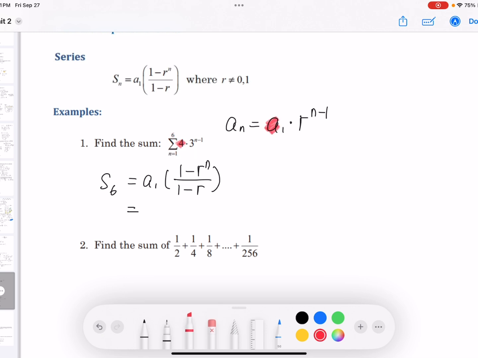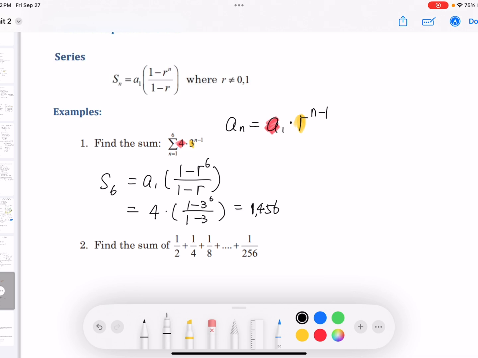And what is the r's value? It's 3. So we can plug in the a and r's values, which is 4 times 1 minus 3 to the 6th power. We should replace this n by 6. And the bottom is 1 minus 3. So we can use our calculator to find the solution, which is 1456.